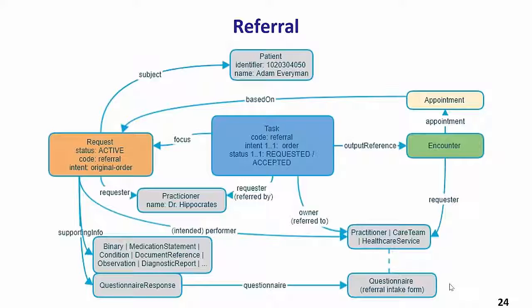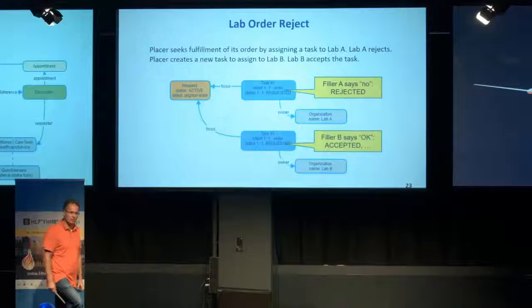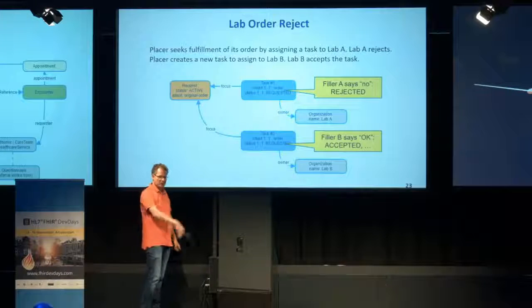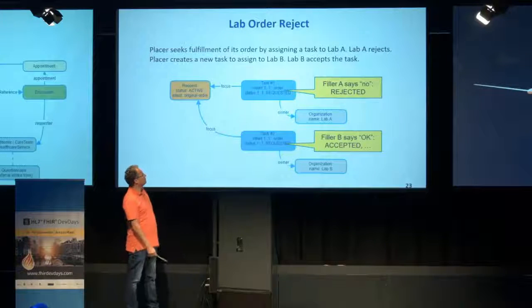Then you populate that questionnaire response, and use that in the context of my request for a referral. But in and of itself, it's the very same mechanism that you have seen before. It's the general order, request, task, event pattern.